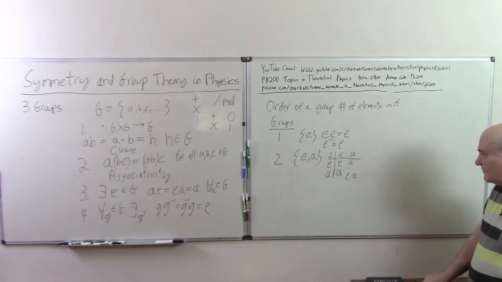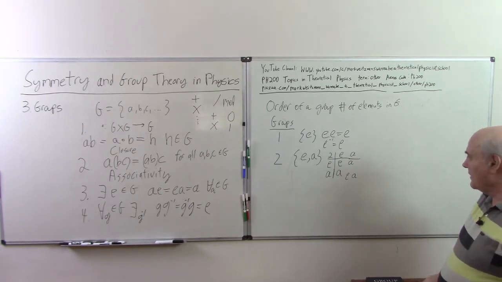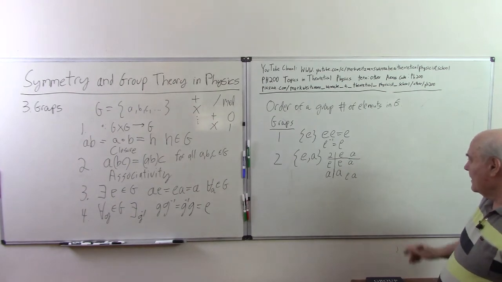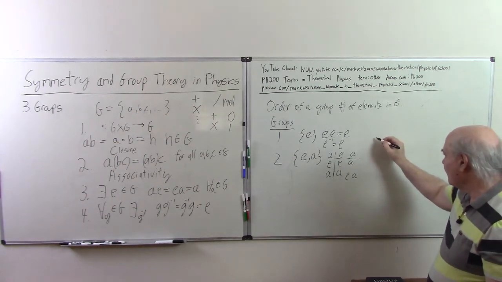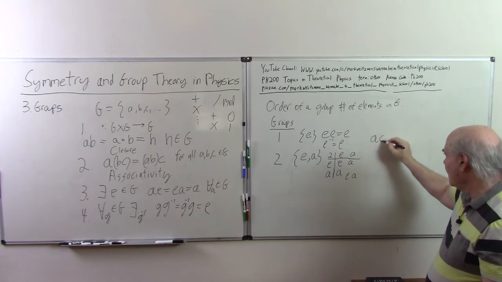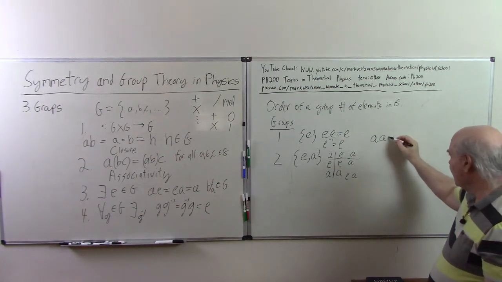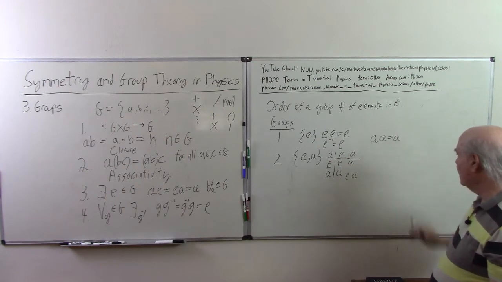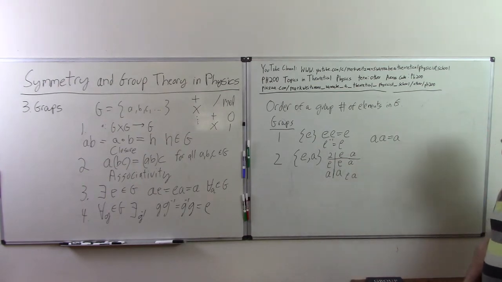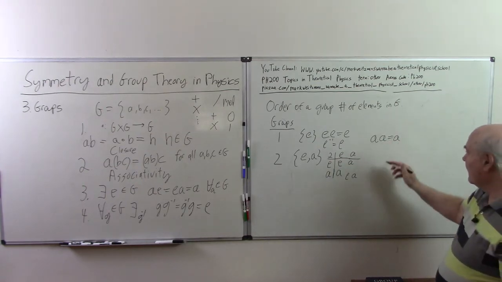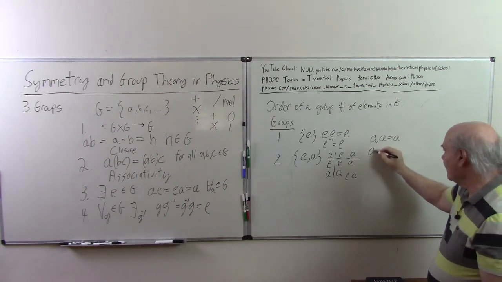Now, let's think about what it could be. So what we're going to have is AA. Let's see what happens if AA equals A. Well, we know that there's an inverse element to A, so we can multiply this.